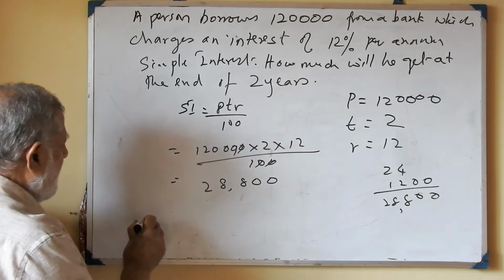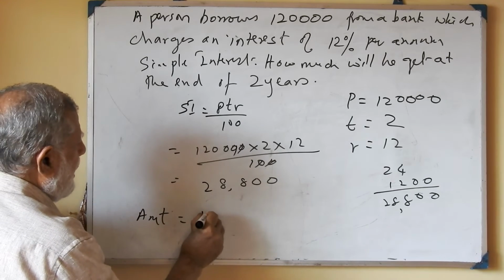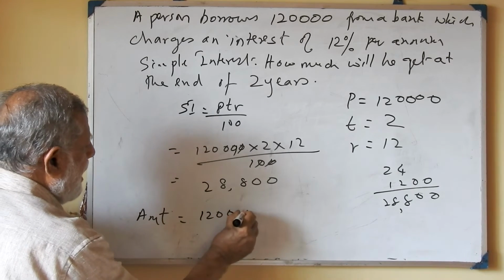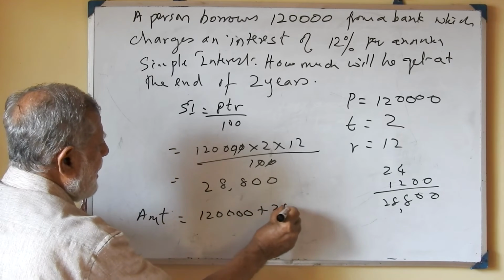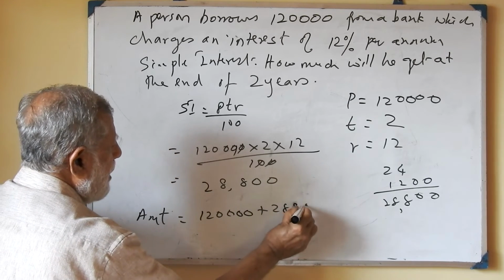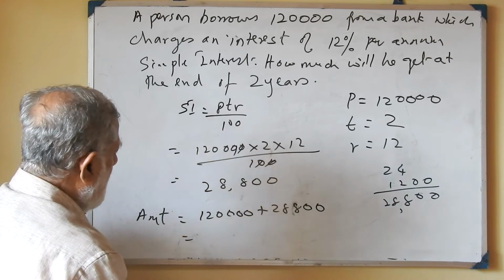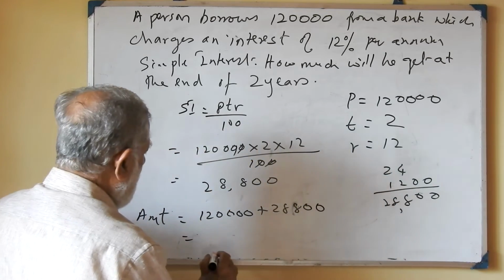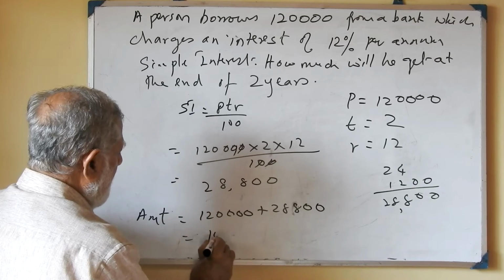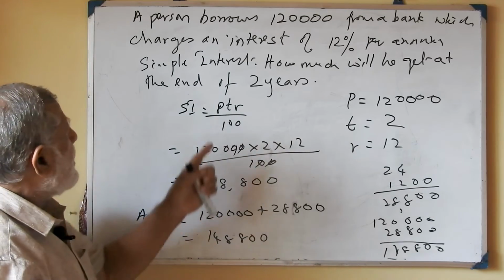So the total amount we get is equal to 120,000 plus 28,800. That is equal to 148,800 rupees.